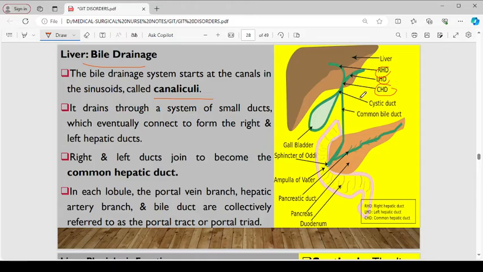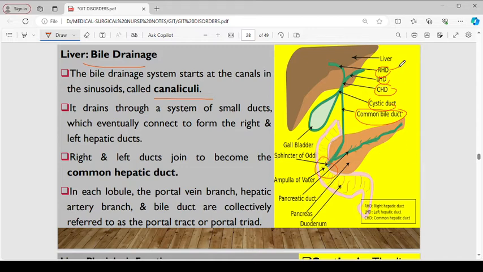Then the common hepatic duct joins with the cystic duct to form the common bile duct. The common bile duct will join with the pancreatic duct at the ampulla of Vater, where we have the sphincter of Oddi, right?